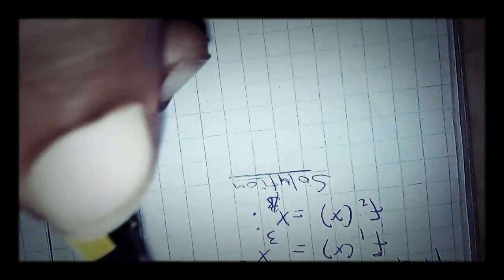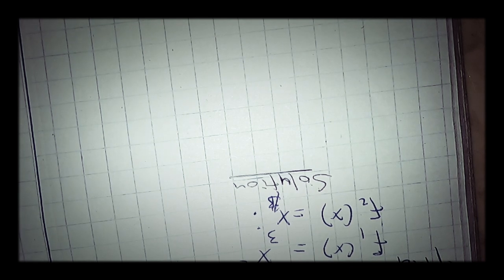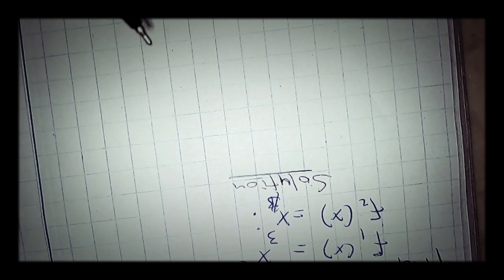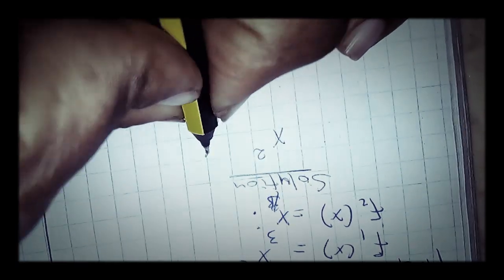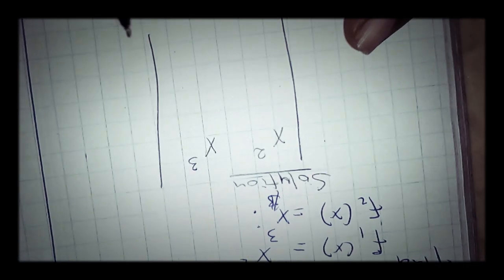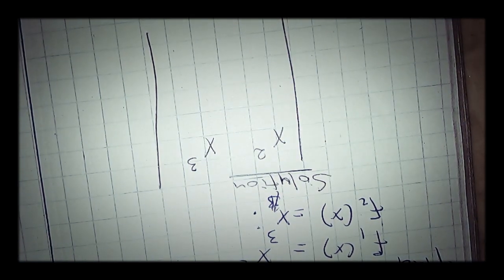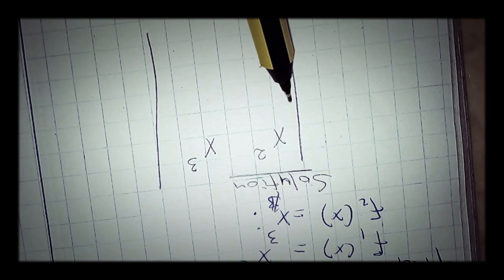as I have said, the Wronskian is the determinant, and the first row is the n functions of x. So our first row is x squared and x cubed. The determinant is written like this. Now we put the derivatives of these functions with respect to x.